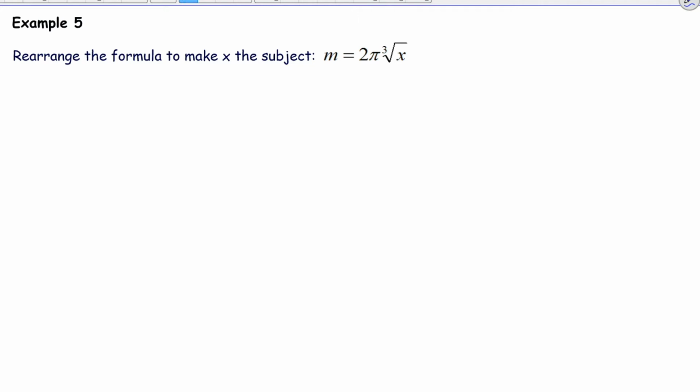Example 5, rearrange the formula to make x the subject. Now, by inspection, we can see that 2 pi is multiplied by the cube root of x. So the opposite of multiplying by 2 pi is dividing by 2 pi. So we divide each side by 2 pi. 2 pi divided by 2 pi is 1.